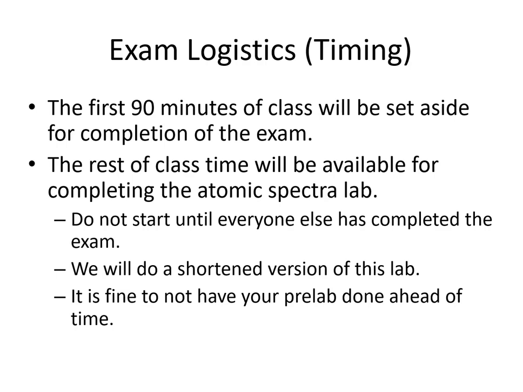If you do finish early, just come back at 10:30 for the lab. We will be doing a shortened version of this lab, so we're not doing the entire thing. And because we have the exam, it's okay if you don't have the pre-lab done ahead of time. Also, because it is a shortened version, you're not writing out everything for the lab.